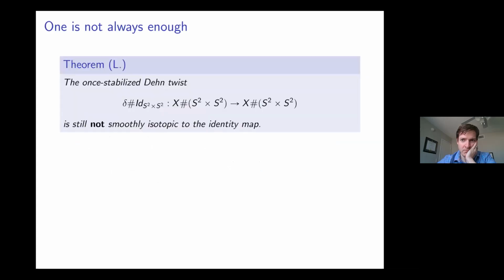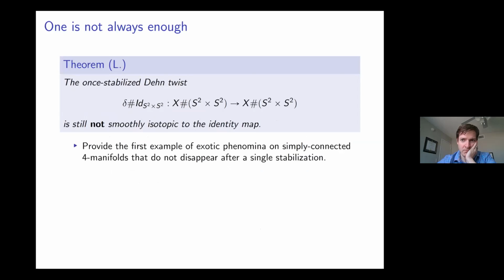It states that if we do one stabilization on this Dehn twist, namely we connect sum this Dehn twist with the identity map on S2 cross S2, this self-diffeomorphism is still not smoothly isotopic to the identity map. So that's the main theorem I want to talk about today.